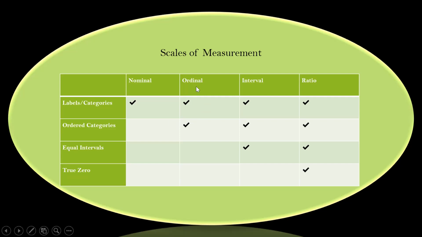With ordinal, we gain an additional piece of information. We can take our category and now we can put it in order. So I can't say that libertarian is better than a conservative and a conservative is better than a liberal. I could say that, but it's just opinion. There's not an amount of something that makes one better or worse than the other. But if you have ordinal data, you can put these categories in a specific, meaningful order.